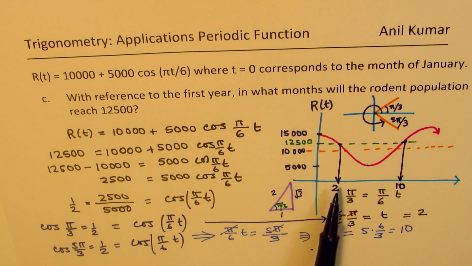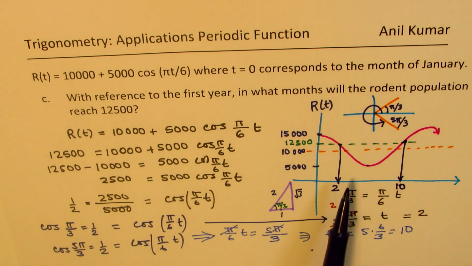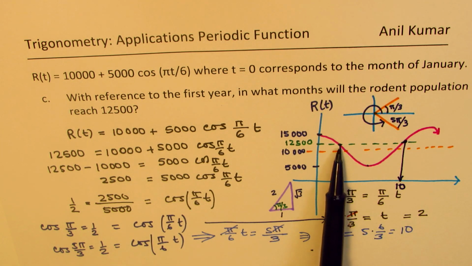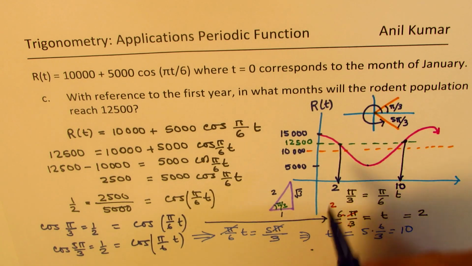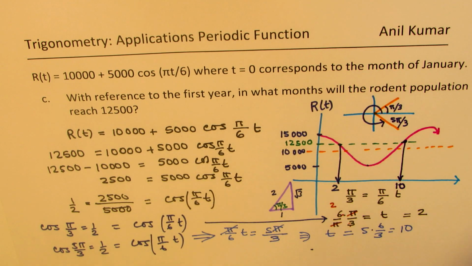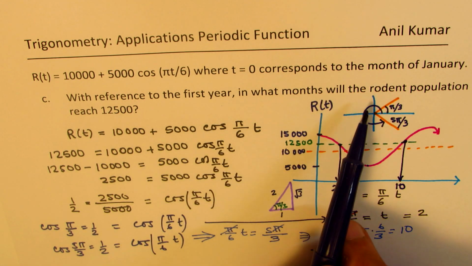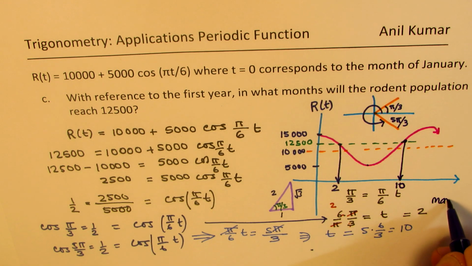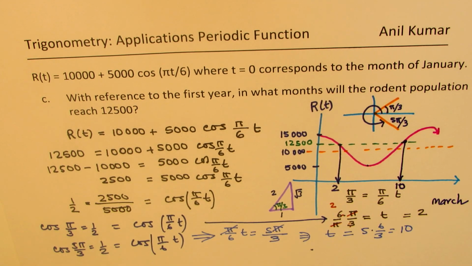Got it? So that means this is kind of 1st of March, right? So we say it reaches 12,500 right at the beginning of March, 1st March. Do we want the month? What month? This month is March, correct?